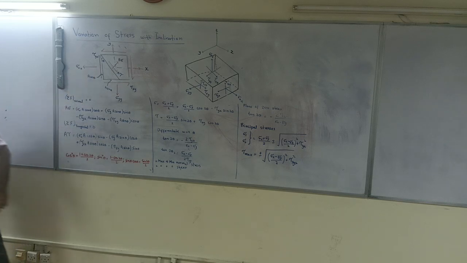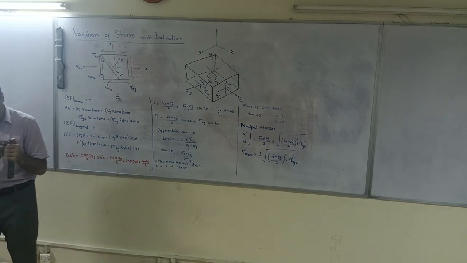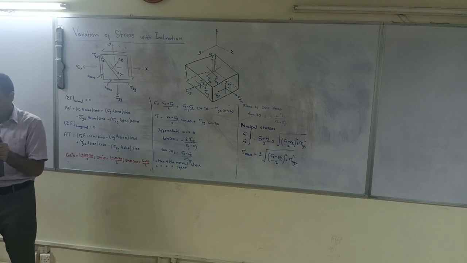So if this is your structure, you can put your strain gauge anywhere, one in the horizontal direction and one in the vertical direction. The strain gauge will either expand or compress, and it will give you a certain value of strain.